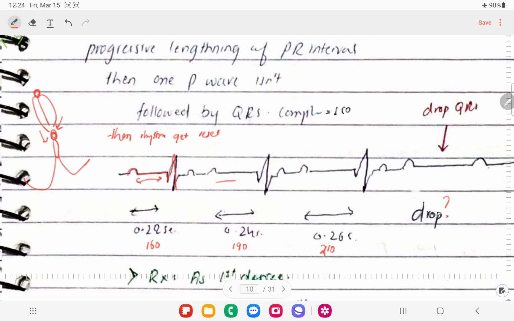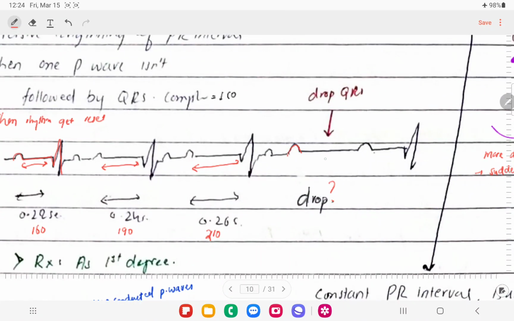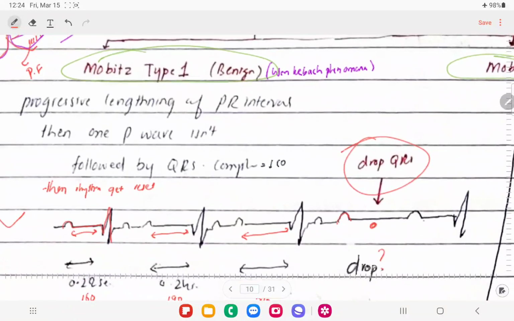You can see the PR interval here. It is getting prolonged in the next beat, and more prolonged in the next beat, and then we have a P wave but there is no QRS complex here, where there should be one. When we see progressive prolongation of the PR interval and then a dropped QRS complex, we call it Mobitz type 1 block.